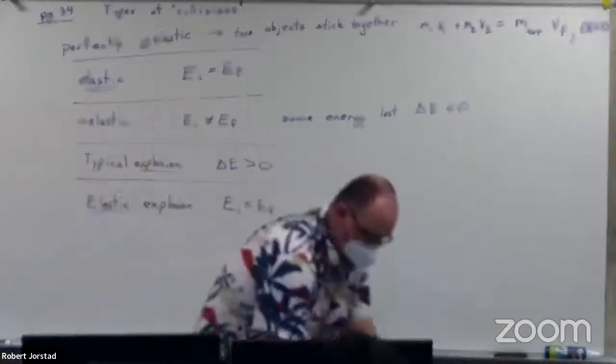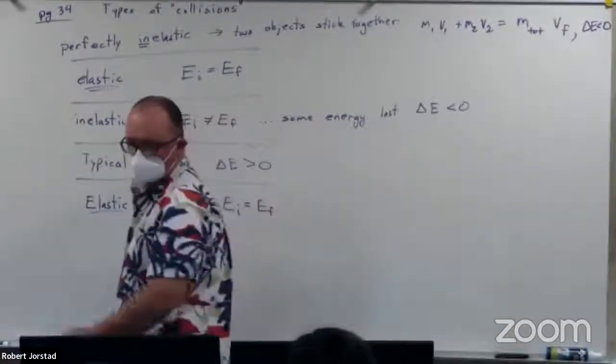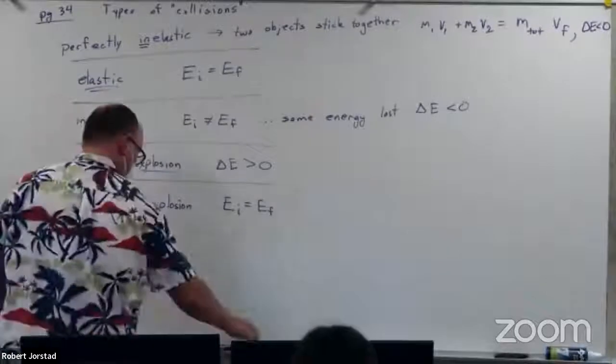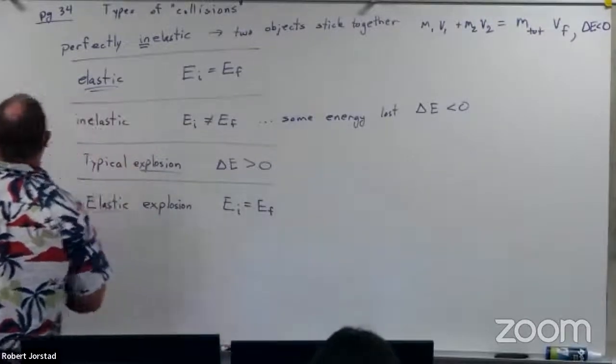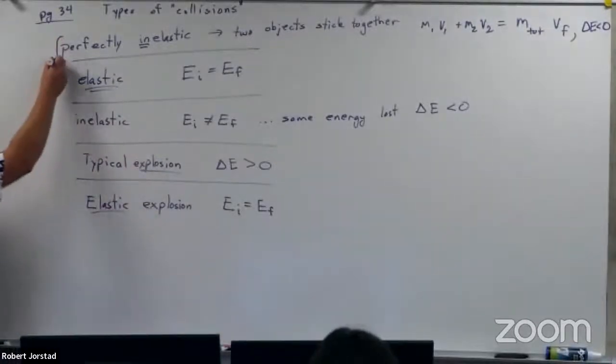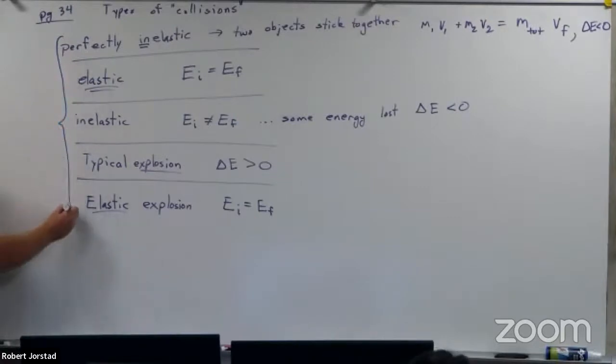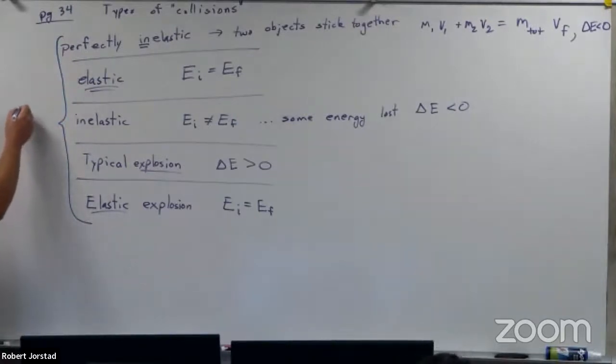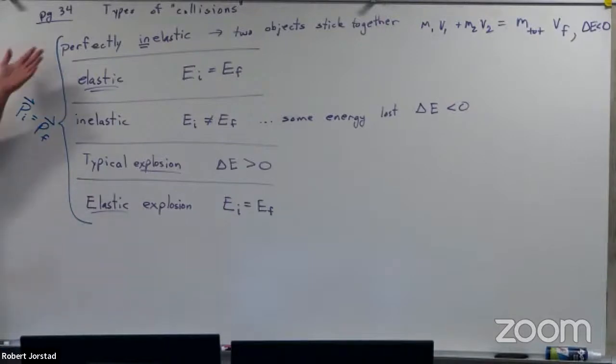Now, to be clear, for all of these types of collisions, something is conserved. There's one thing they all have in common. P initial is equal to P final for the system. So it doesn't matter, but any of these topics, you can use conservation of momentum.